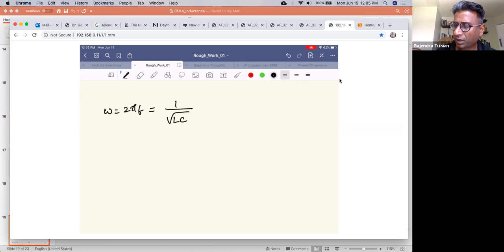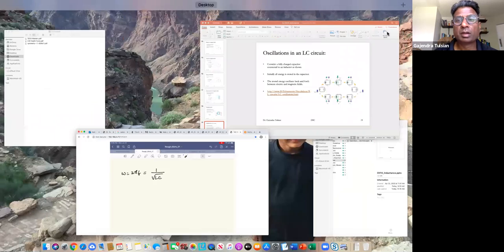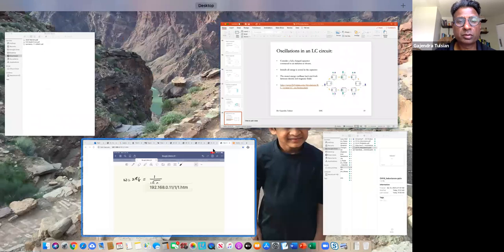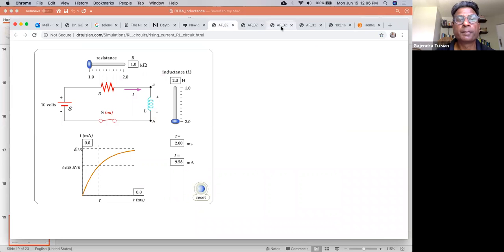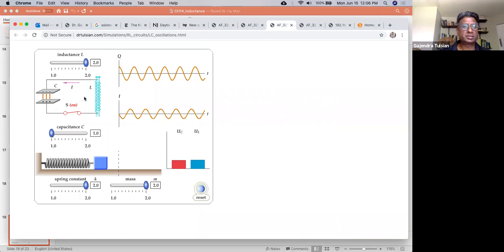F is how many times it oscillates per second. Okay. F is the linear frequency, and omega is just angular frequency. Okay. So where is that simulation? All right, so this thing oscillates with a frequency of omega, which is equal to square root of 1 over LC.